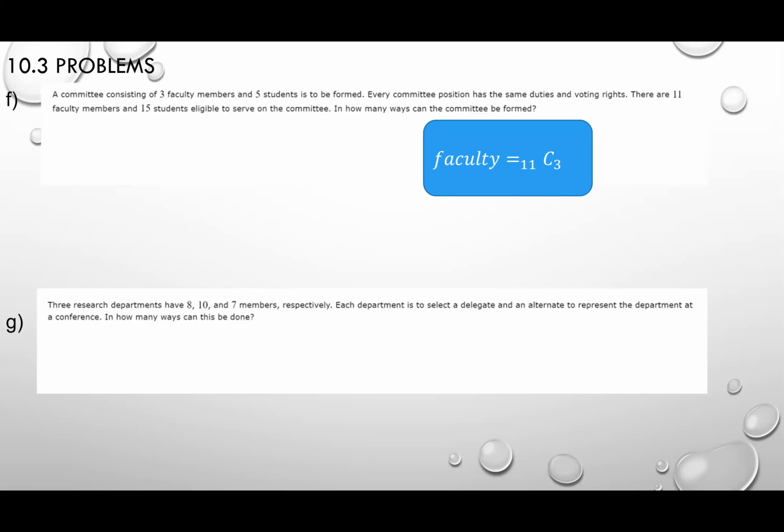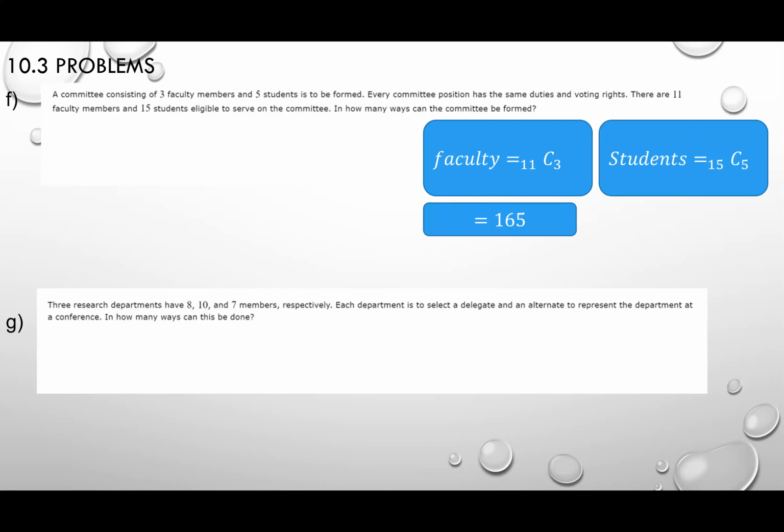If you say 26 choose 8, you might have 8 students by themselves or 8 faculty by themselves. You are not guaranteed that you have 3 faculty and 5 students. In order to guarantee that you have 3 faculty, you have to find how many ways you can choose 3 faculty from a group of 11. And again, the order doesn't matter, so you have 11C3.